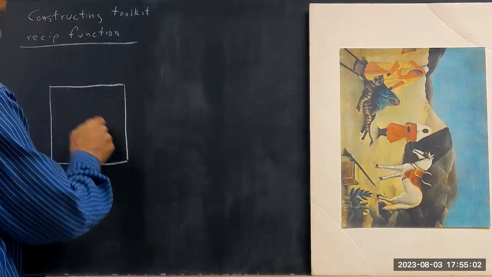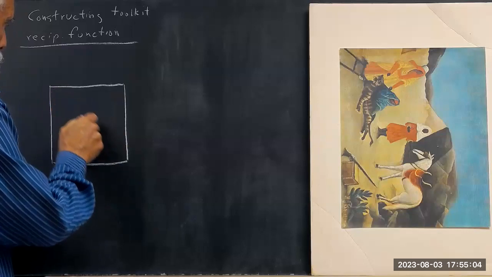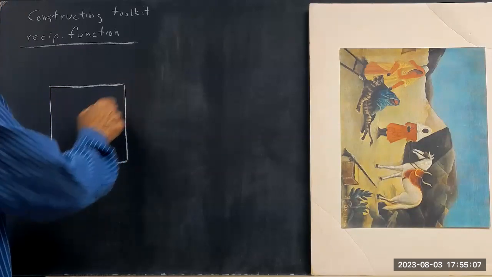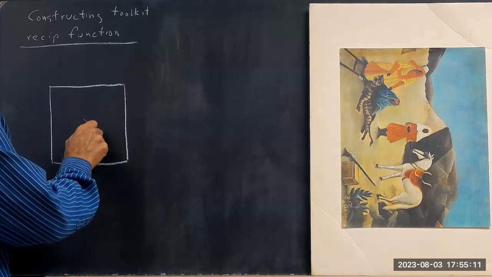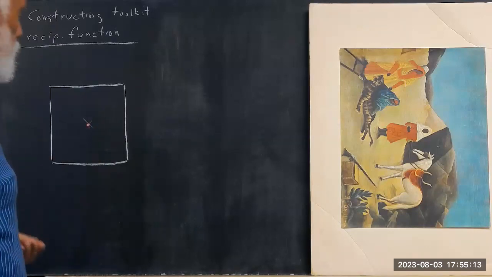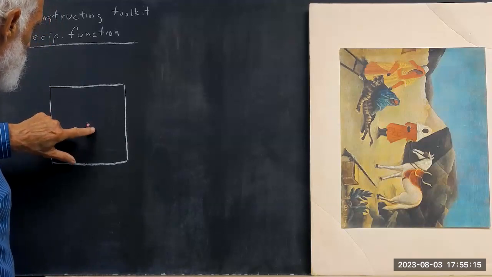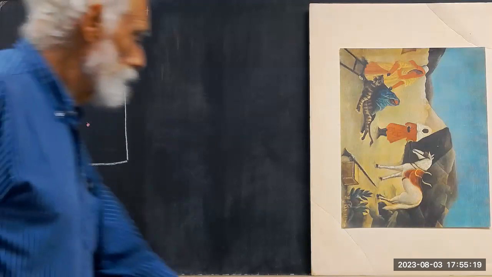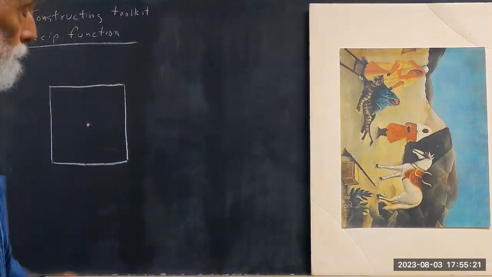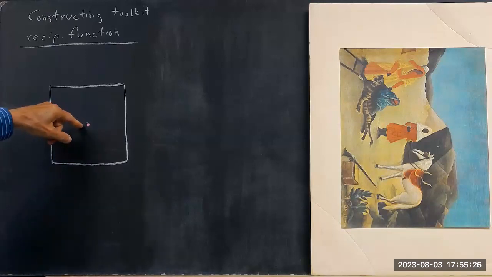Now I can draw a diagonal line from the upper corner to the lower corner, and a line from here to here. I'm going to put my red dot at the center, then I'll get rid of those little segments. So the square you start with is still a 4x4 square, but the red dot goes at the center.